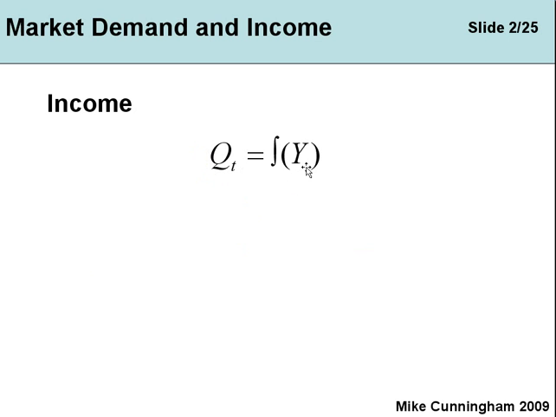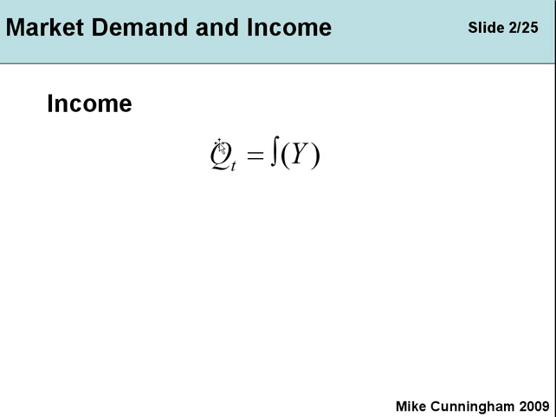And income is written as Y in economics for no good reason really. It's a custom, a tradition in the subject that when we see Y we know it's income. Apparently John Maynard Keynes back in the 1930s wrote income as Y, and it stuck.